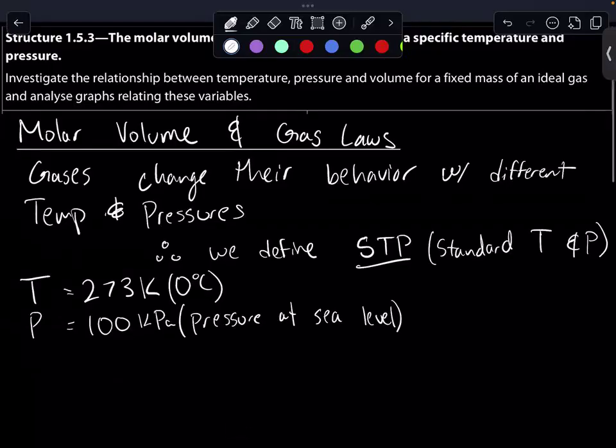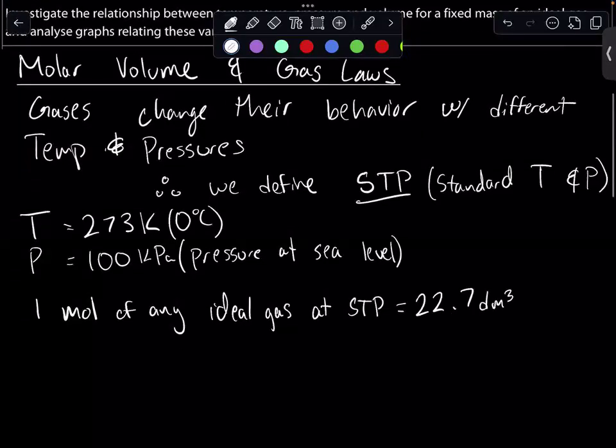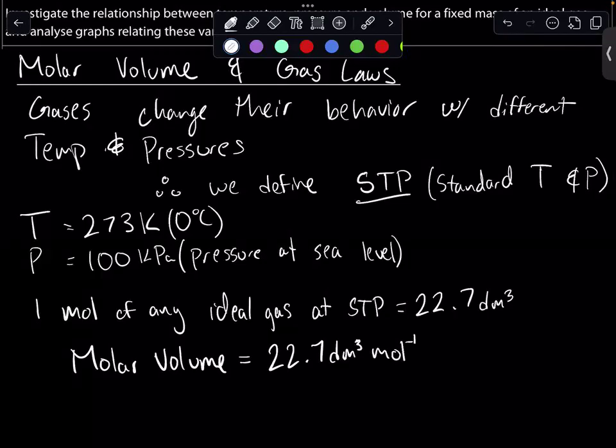Furthermore, scientists define that 1 mole of any gas, of any ideal gas specifically, at STP will always be 22.7 decimeters cubed. Therefore, this is what we call molar volume, meaning that specifically molar volume is 22.7 decimeters cubed per 1 mole of gas.